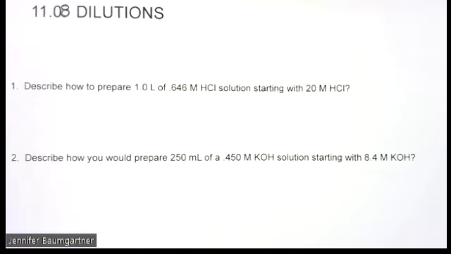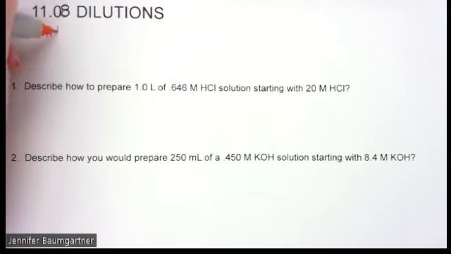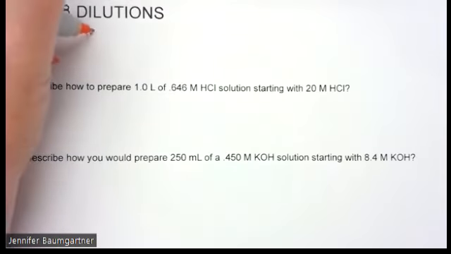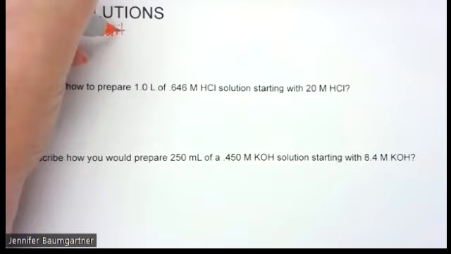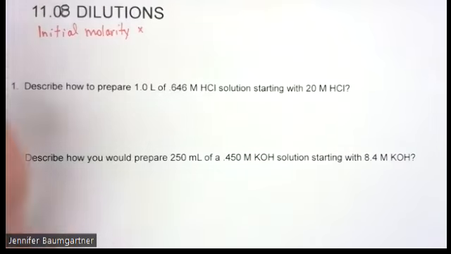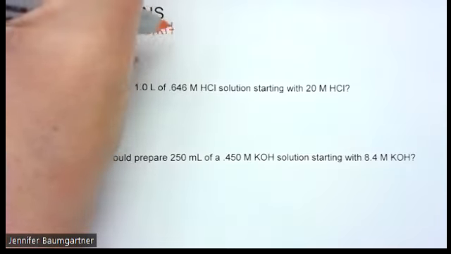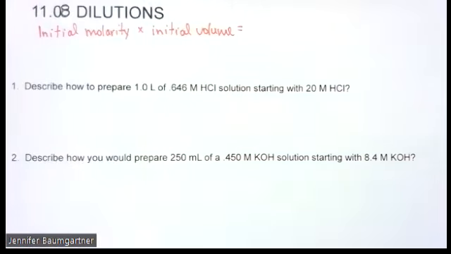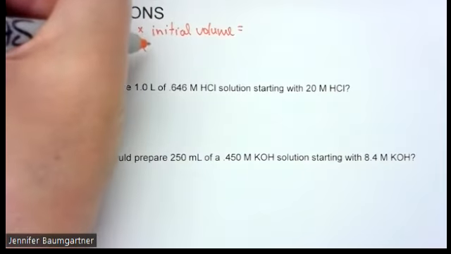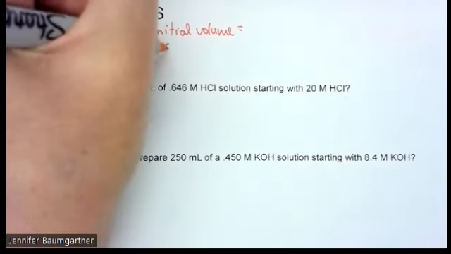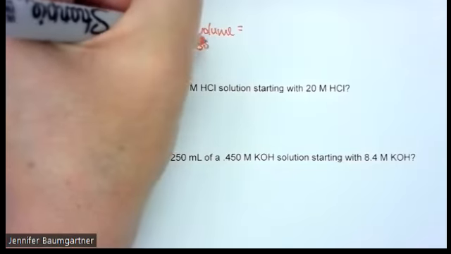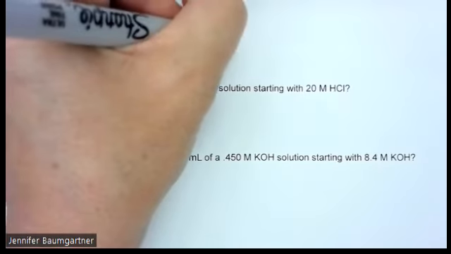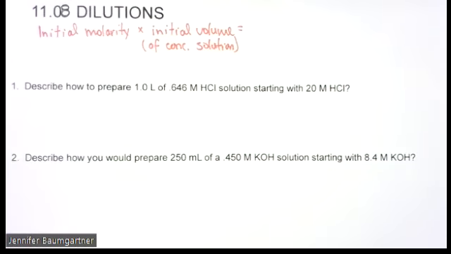The formula that we're going to use is your initial molarity, and we almost always use molarity here, times the initial volume. When we say the initial volume, we're talking about the volume of the concentrated solution, for example your Gatorade concentrate or your Mio concentrate.